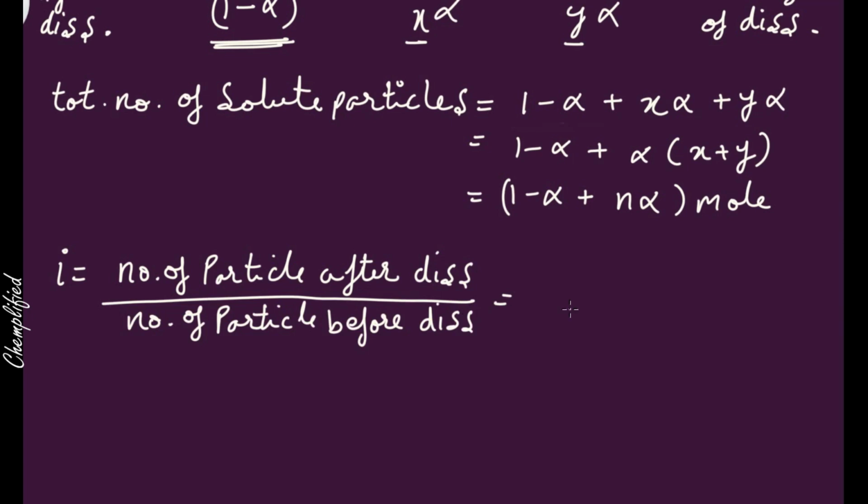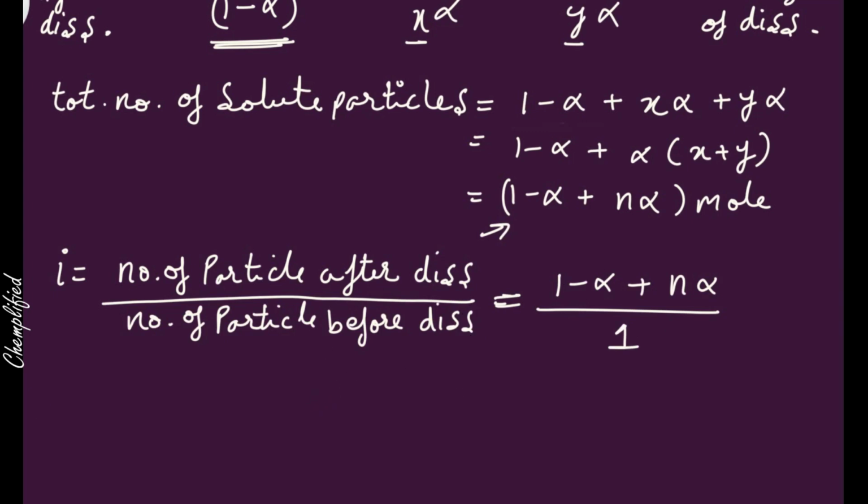Now we have the value after dissociation, so we can write (1 minus alpha plus n alpha) upon the number of particles before dissociation. We have only one component, so the number of particles before dissociation will be equal to 1.